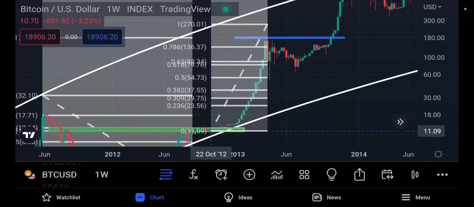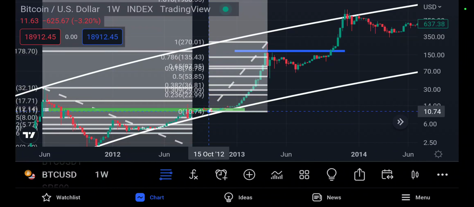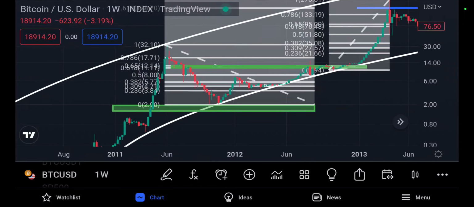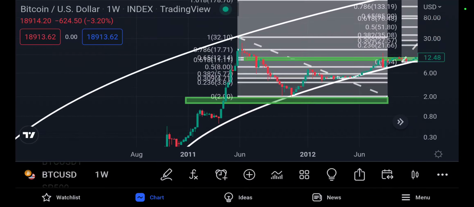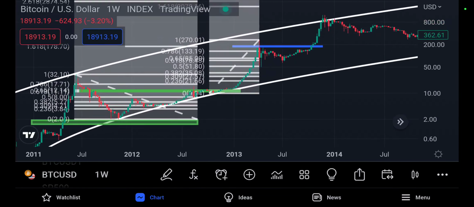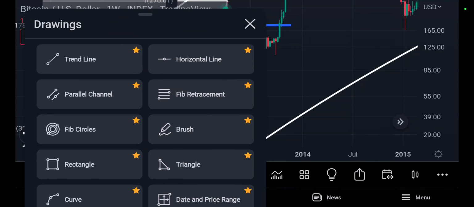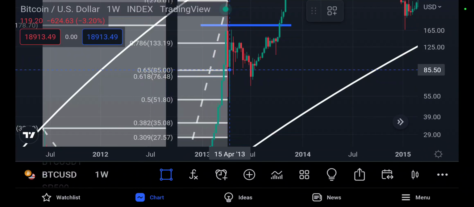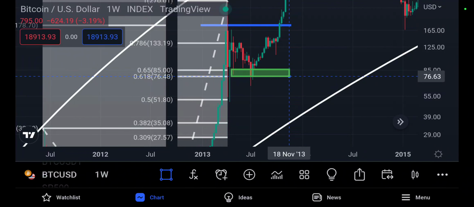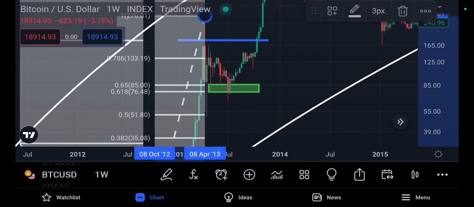Pretty much what we did when we were looking at the price action over here in the beginning, 2010, 2011. So we marked the 0.618 Fib, and look at that. It's pretty much in this range of where Bitcoin bottomed out at.